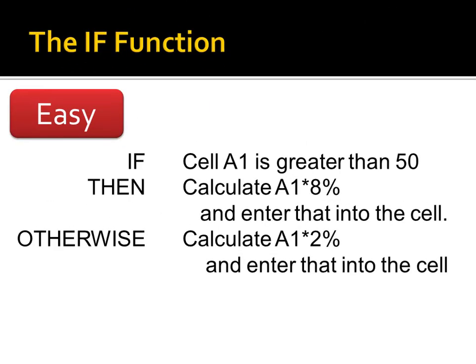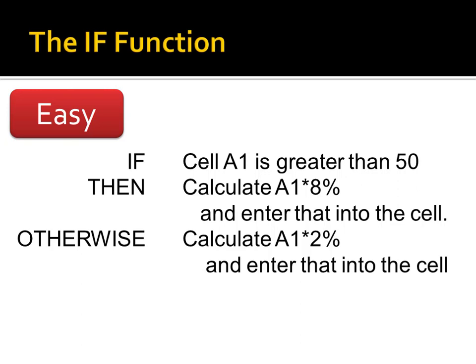Here is another easy one. If cell A1 is greater than 50, then we're going to calculate A1 times 8%. And that is what we're going to put in the cell. The answer to A1 times 8% goes into the cell. Otherwise, A1 times 2%.